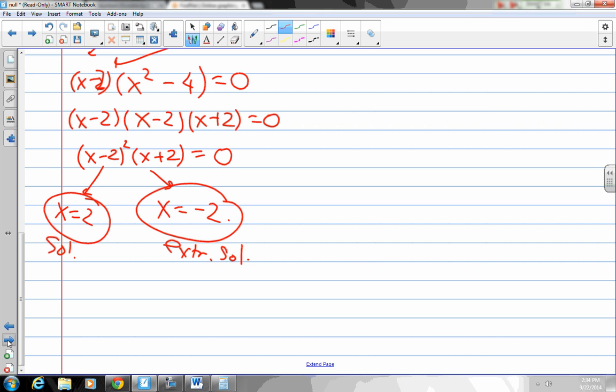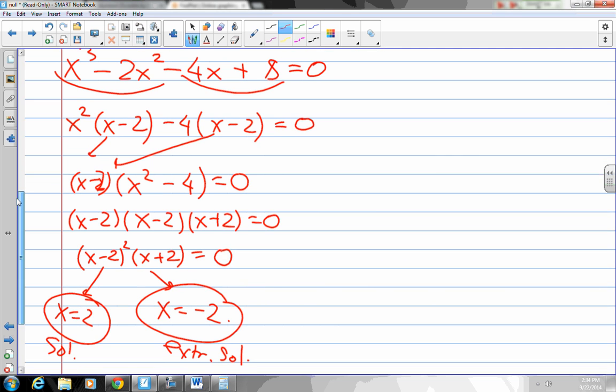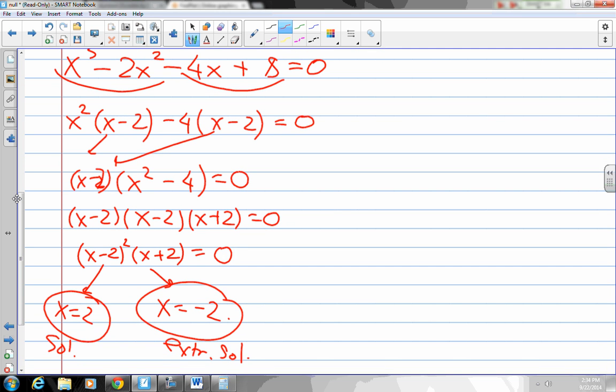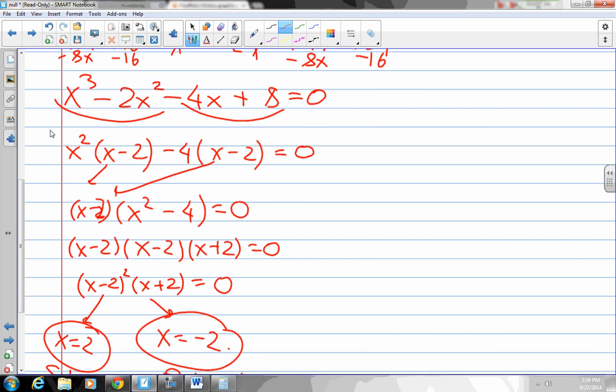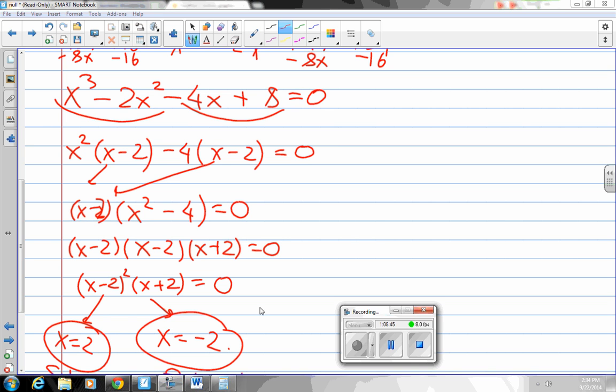Questions on this problem? So 2 works, negative 2 is extraneous. Is that good? All right. I'm going to stop.